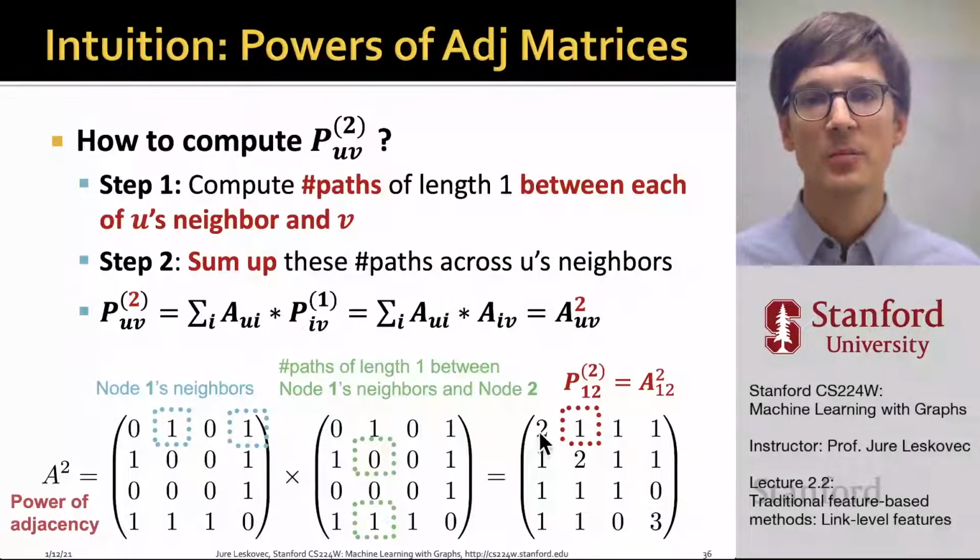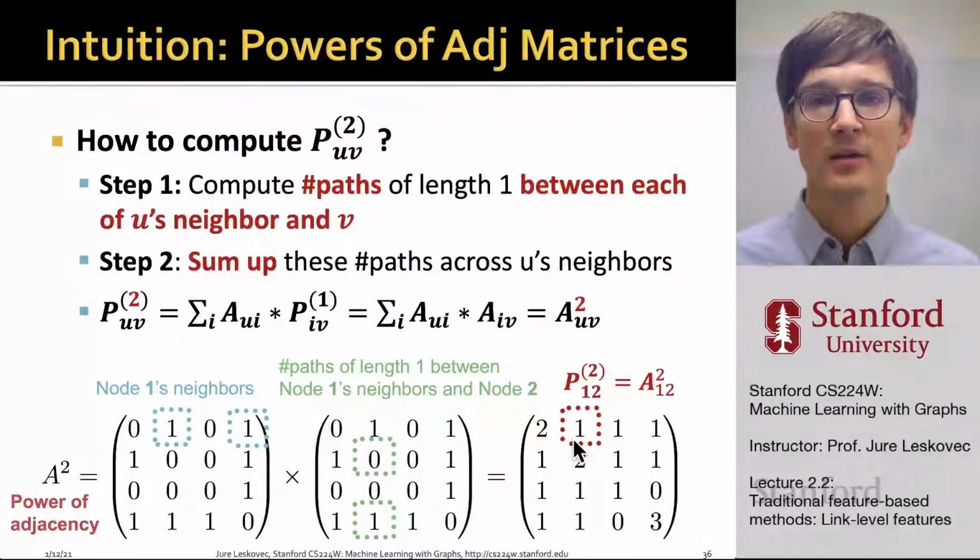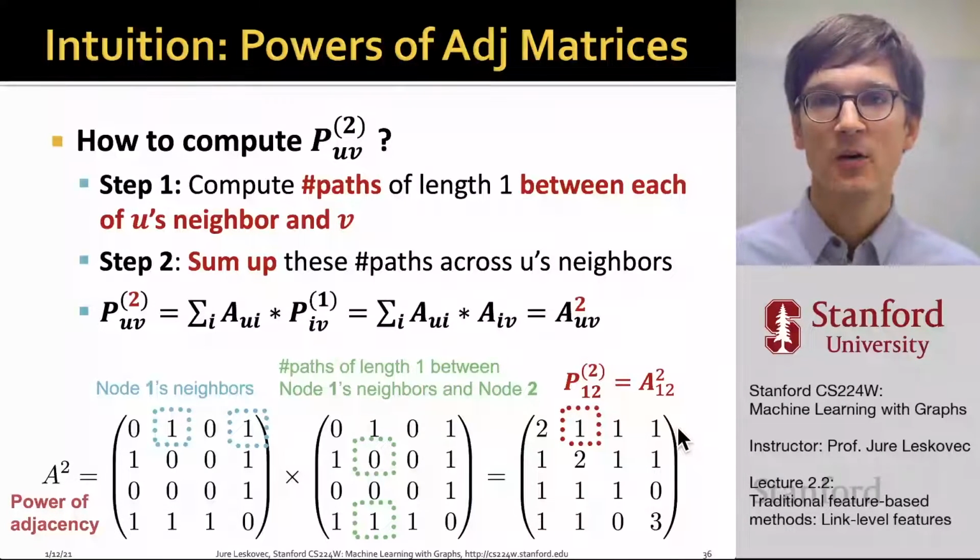So after the multiplication, the value here will be 1, which will mean that there is one path of length 2 between node 1 and node 2. So this is how powers of the adjacency matrix count paths of length k between a pair of nodes in the network.